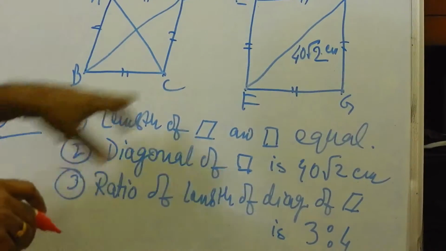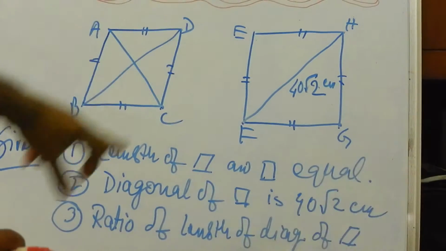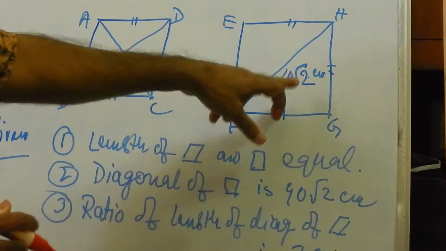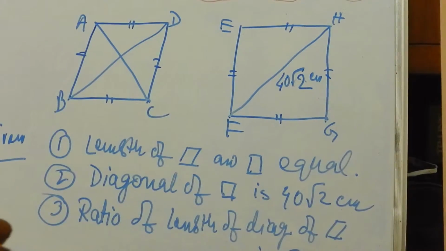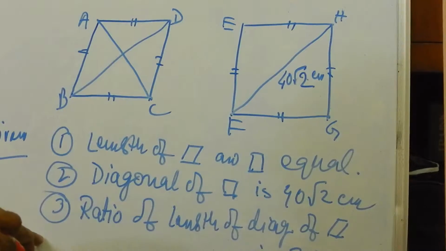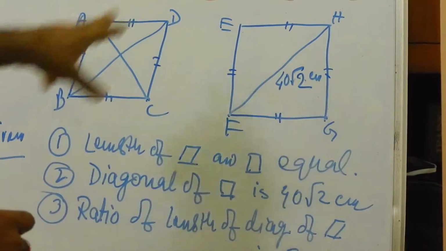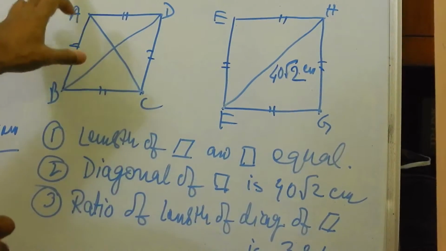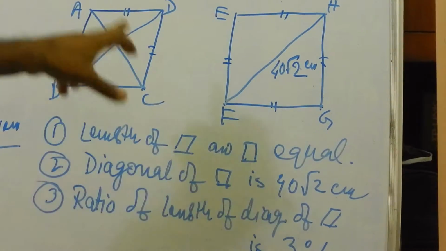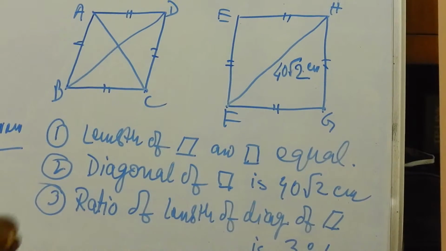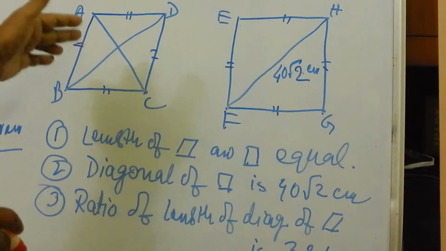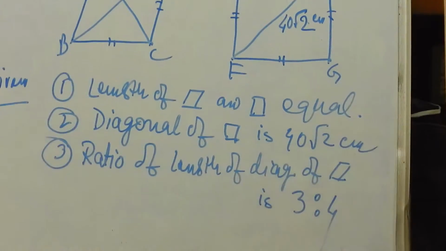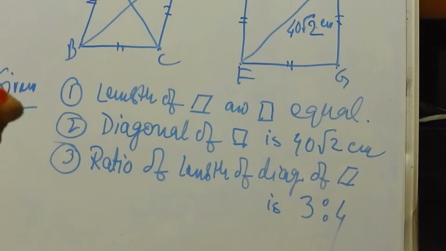Another clue is that the length of this diagonal of the square is 40 root 2 centimeter. And the third clue is that the diagonals of the rhombus, AC and BD, their length ratio is 3:4.